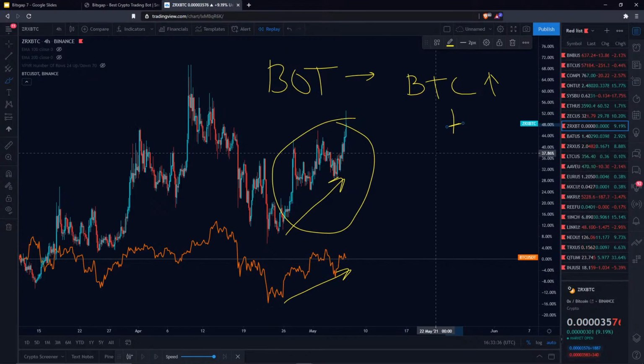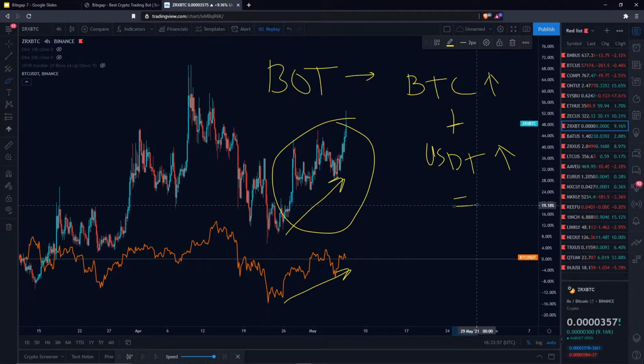So that means that now what the bot made for you is also multiplied by the exchange rate of Bitcoin to USDT. So the value of your Bitcoin relative to USDT has also appreciated.